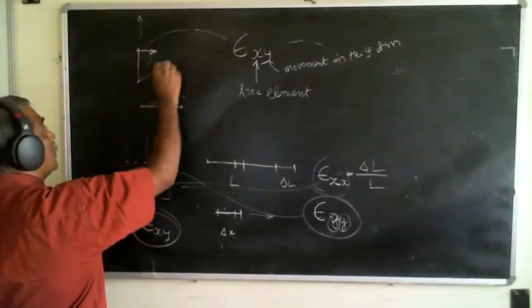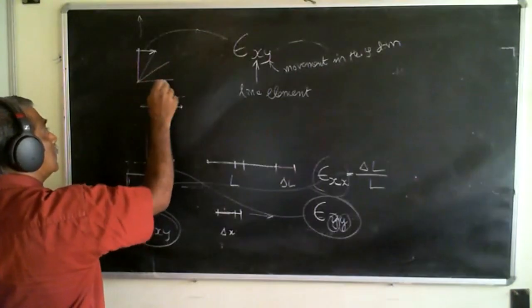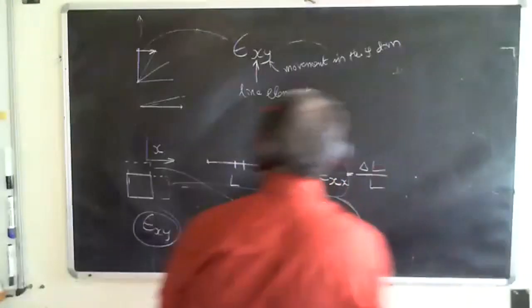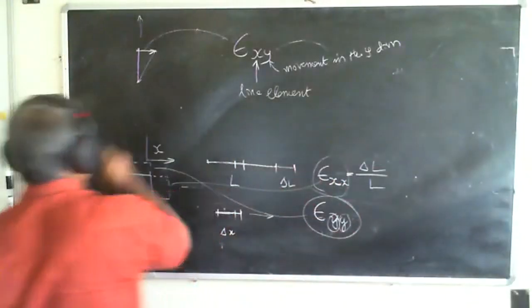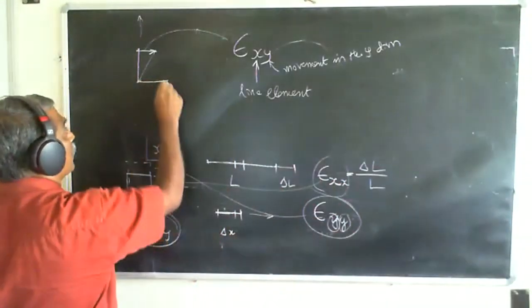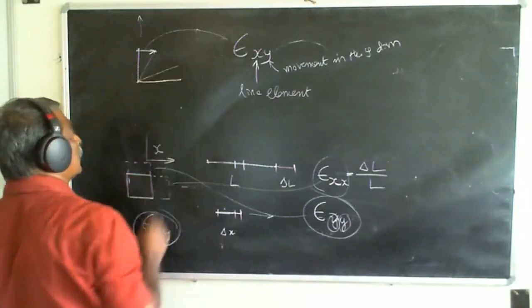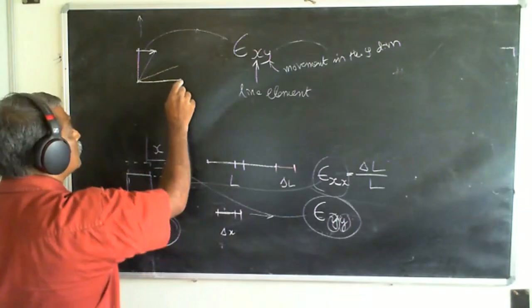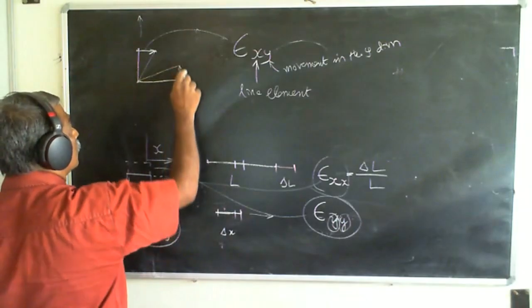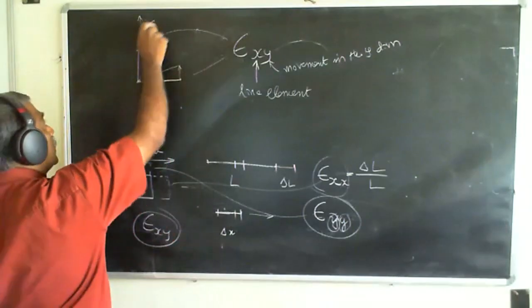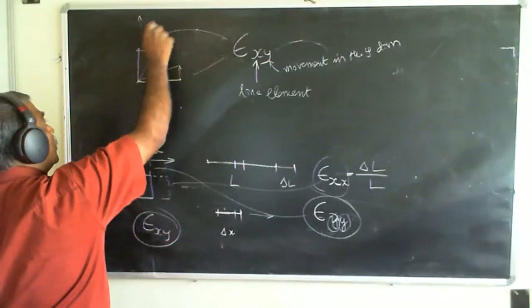So if I do like this, this is the x element that I've taken. This x element is now, let's say, rotated like this. This movement is related to epsilon xy, and this is related to epsilon yx.